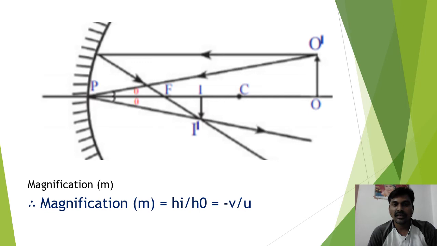Because the image height is downwards, so we write minus 5. For ho we write plus 10. Why plus 10? Because it is above the principal axis. So minus 5 by 10 is minus 1 by 2, that is equal to minus 0.5. So here the magnification is 0.5.